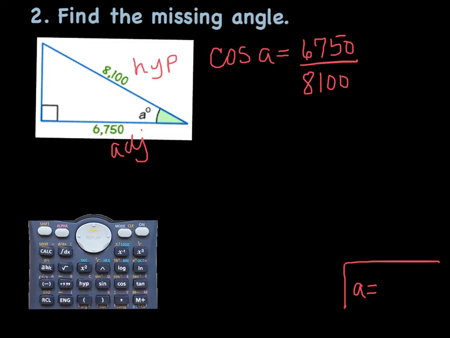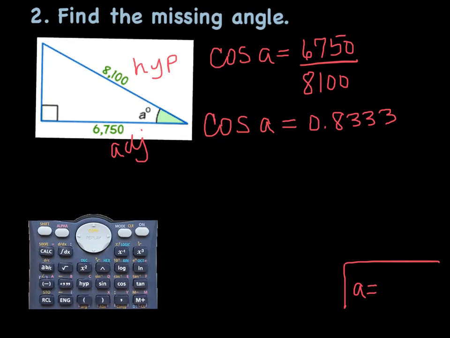Okay, do you remember the step that I need to do next? Are you thinking of dividing? Cosine A equals. Now we take our calculator and divide 6750 by 8100, and that gives me 0.8333. It keeps going.